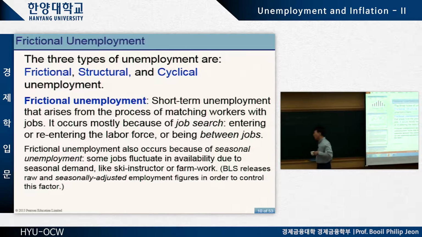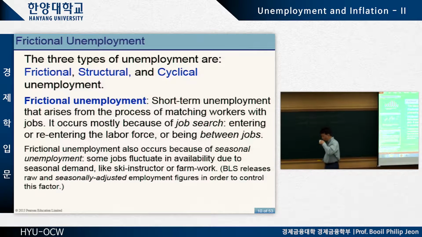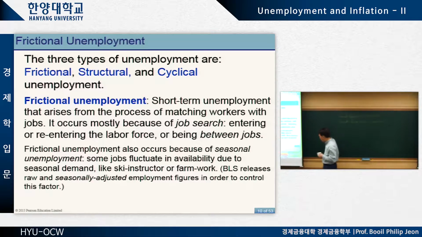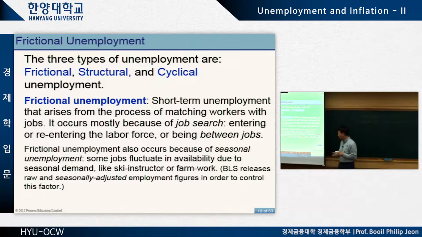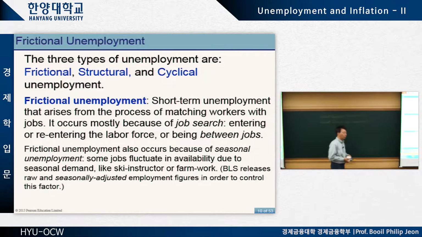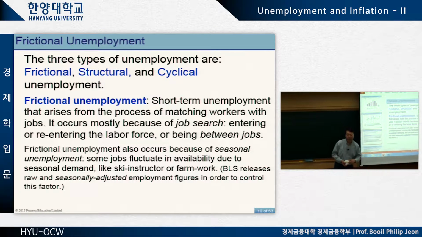Frictional unemployment also includes some seasonal unemployment. Some jobs have seasonality, like ski instructors. Ski instructors have jobs only during the winter period. I mean, you need snow to teach skiing. Or some farm workers.